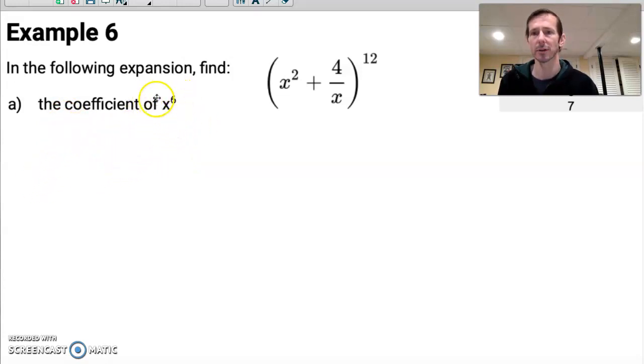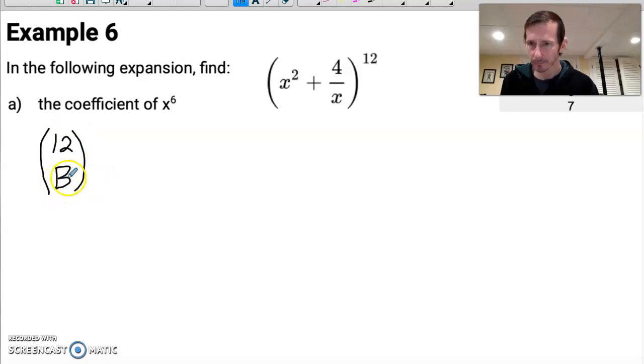So if I'm trying to find x to the sixth, then as I start this process, I know for sure that I'm going to have 12, but I don't know what this r is. So I'm going to call that b right now.